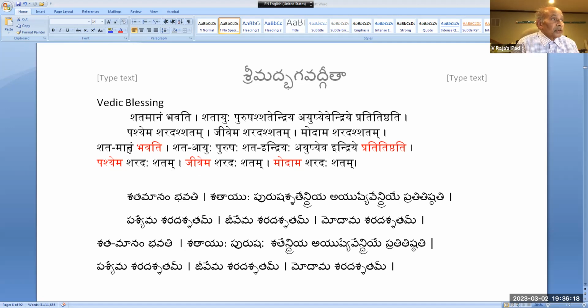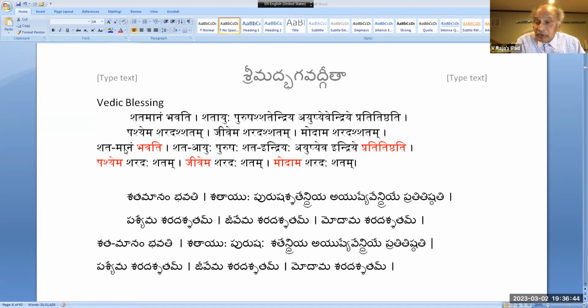Shatamanam bhavati. Even mana, ma is to measure. It comes in several groups. That's where the term mata comes. And there is a common proverb.